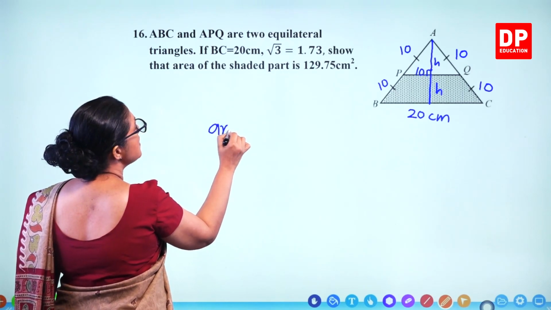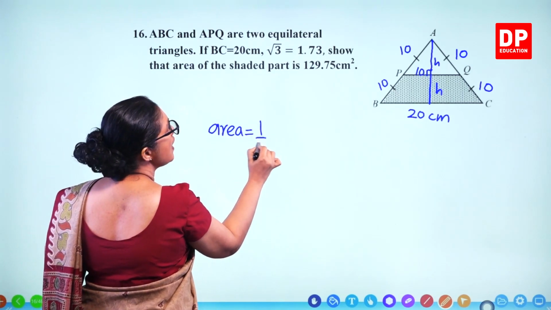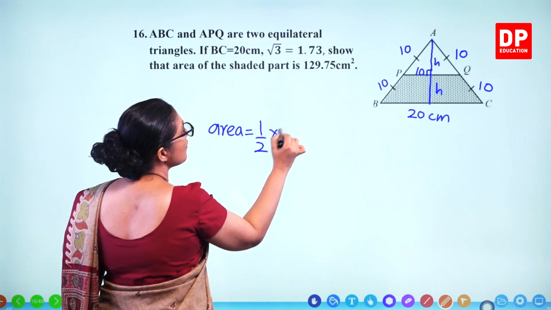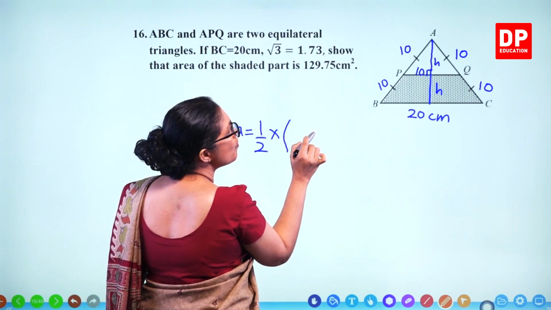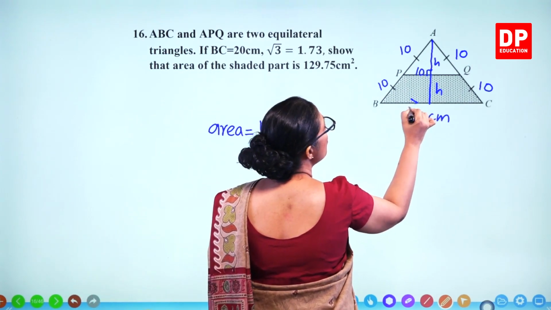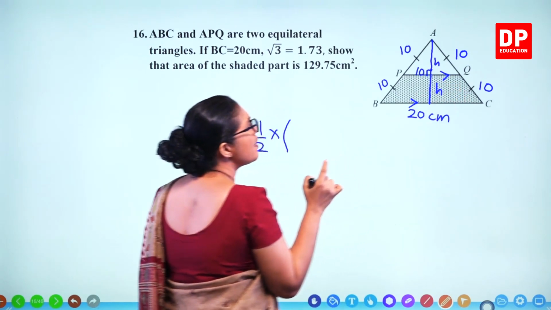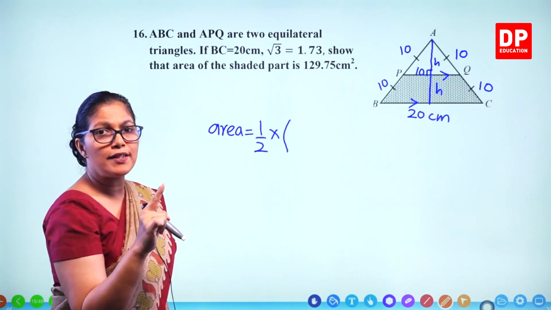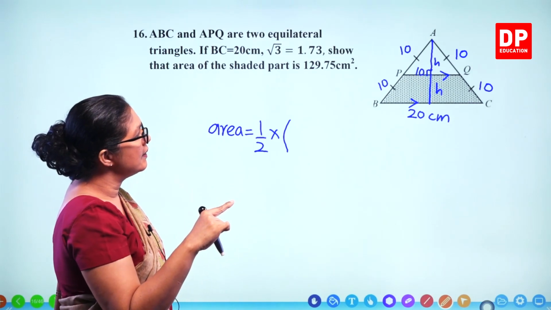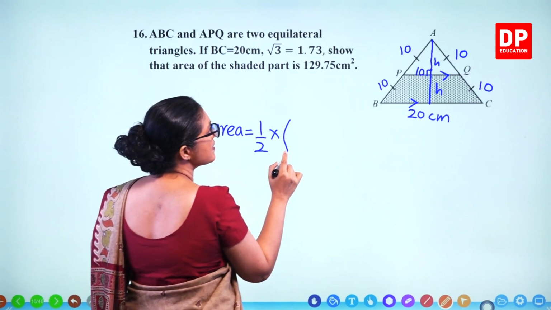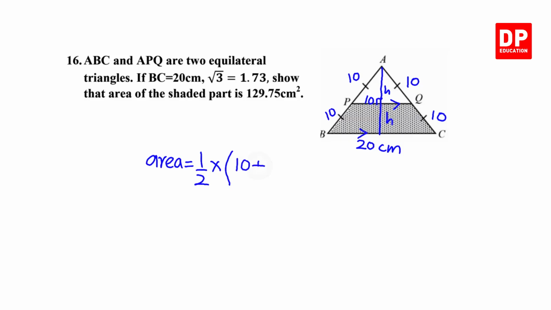Area of the trapezium is half into the length of 2 parallel lines. So according to the converse midpoint theorem, these 2 lines are parallel. So those are the parallel lengths, 10 and 20, and the perpendicular height, so we'll put h.